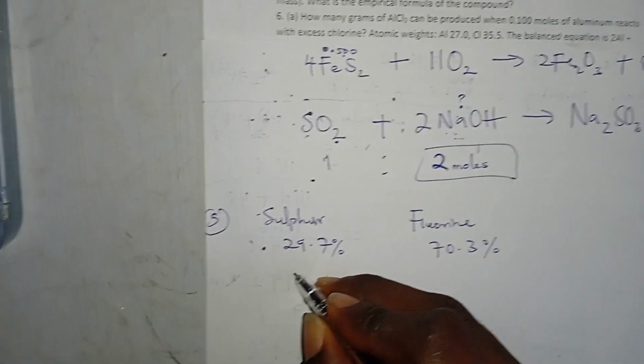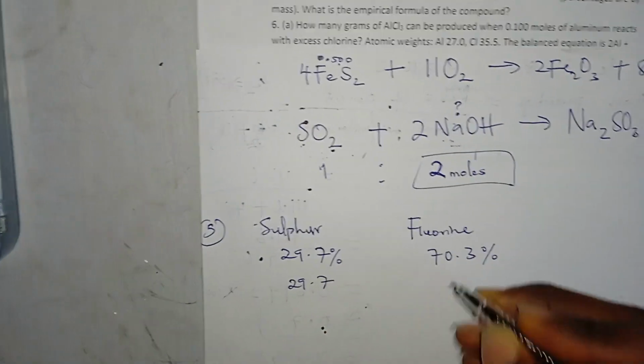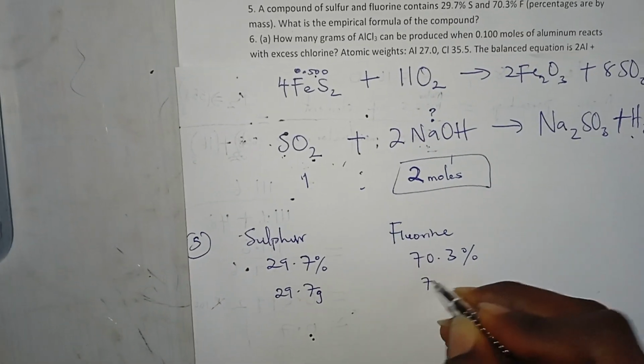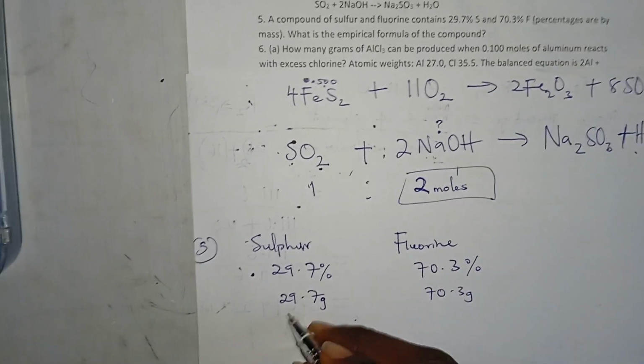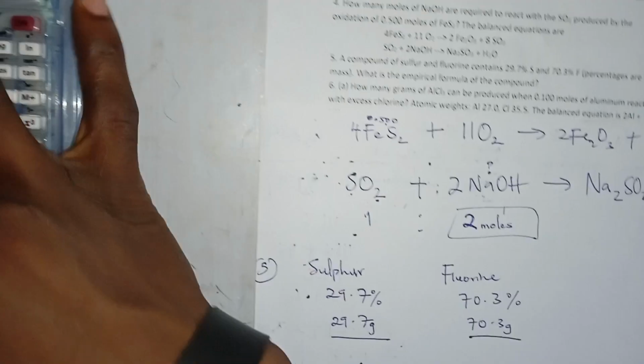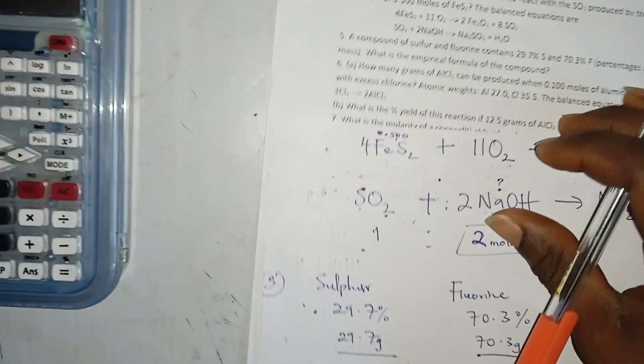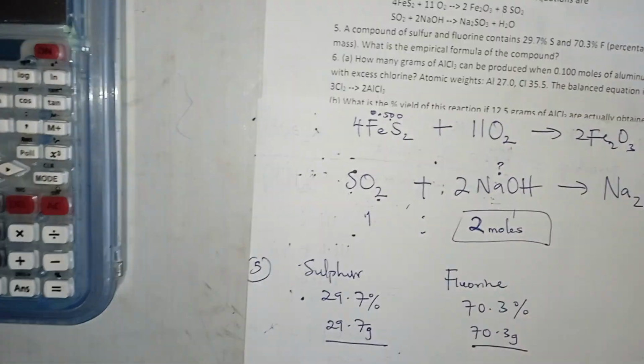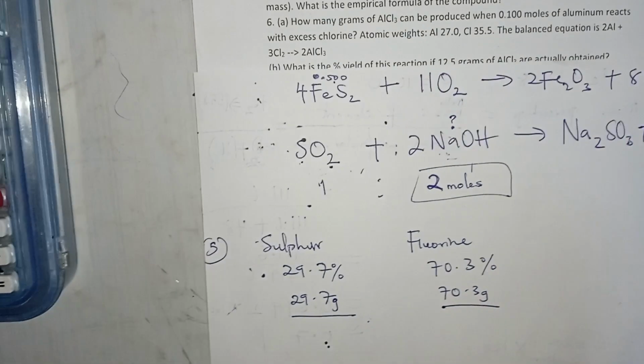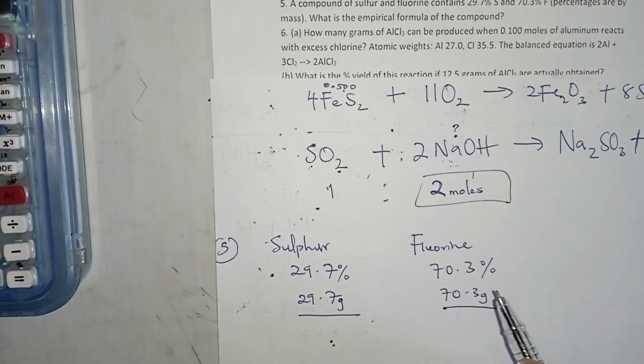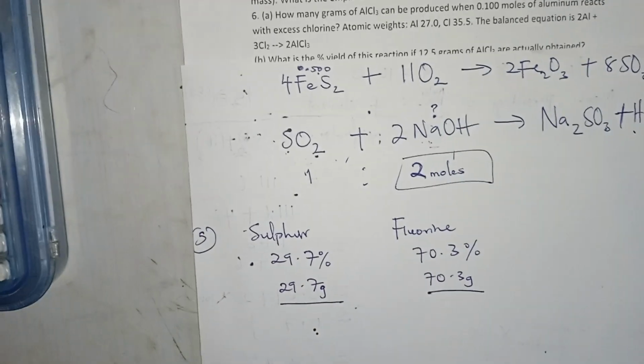So I will do 29.7 gram, 70.3 gram. I'll ask myself, what is the atomic mass in the periodic table of sulfur and of fluorine?